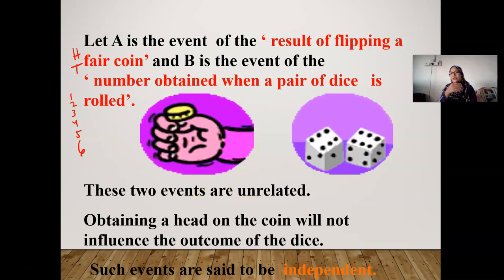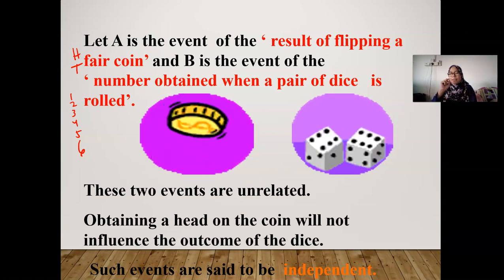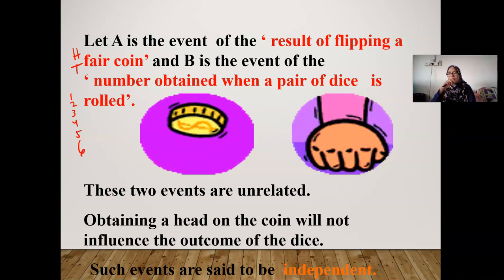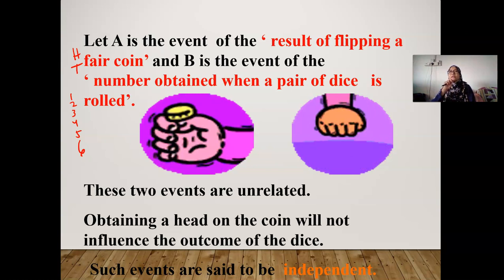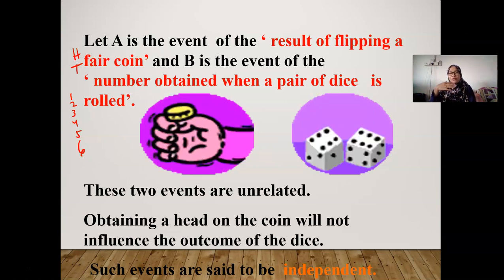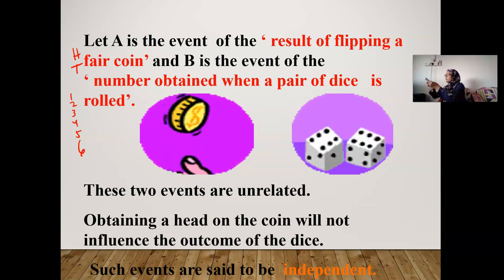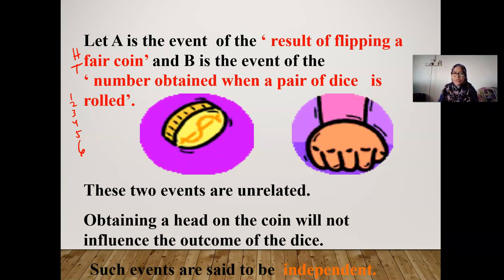The previous example just now, they are related because you are picking up from the same thing, picking up balls. But then we split it into two types because of the condition, with replacement or without replacement. So this is what we call independent.